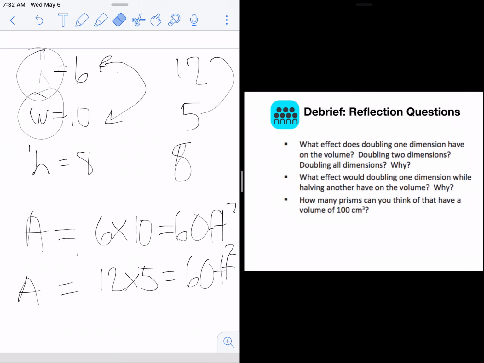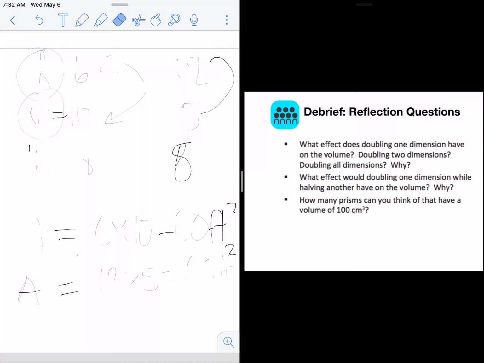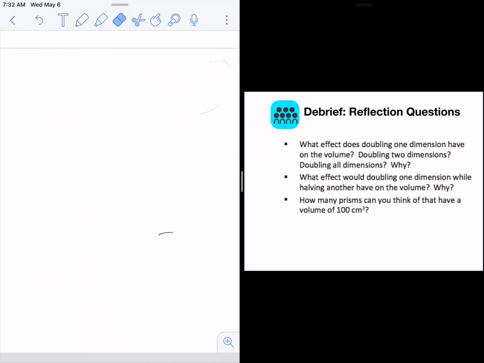Before we finish for today, I want you to reflect on these questions here that I have to the side, our debrief questions. What effect does doubling one dimension have on the volume? So if you only double one dimension, what does that do to the volume? Yes, it doubles it.